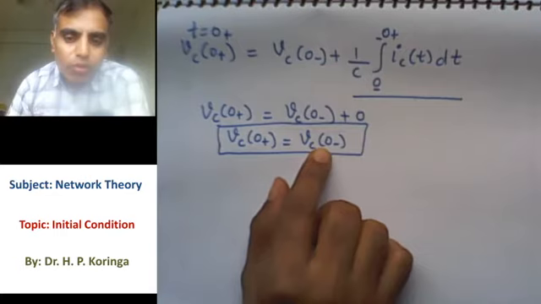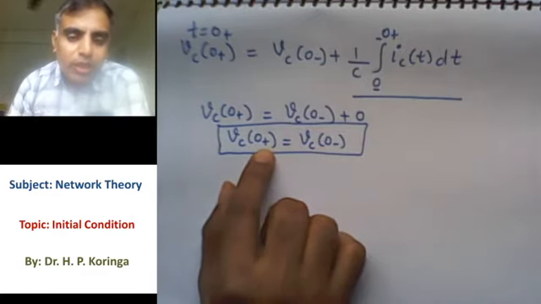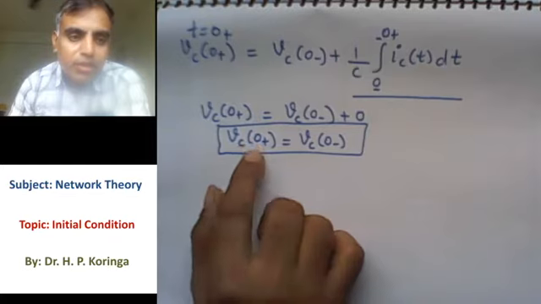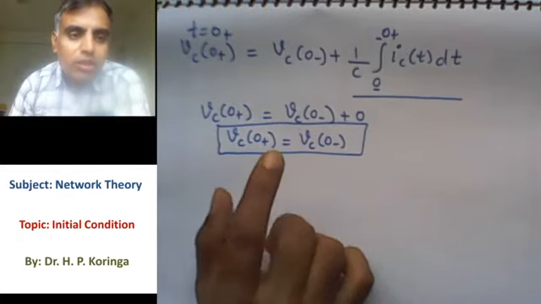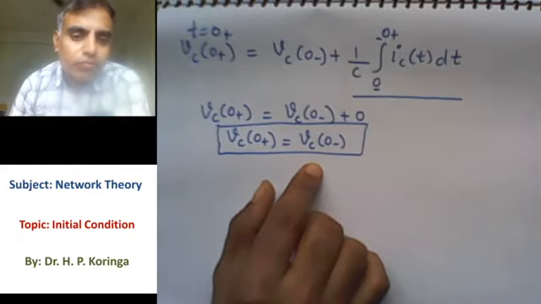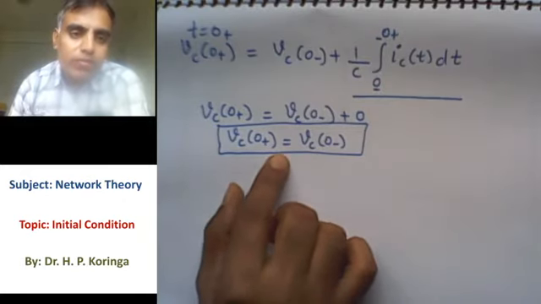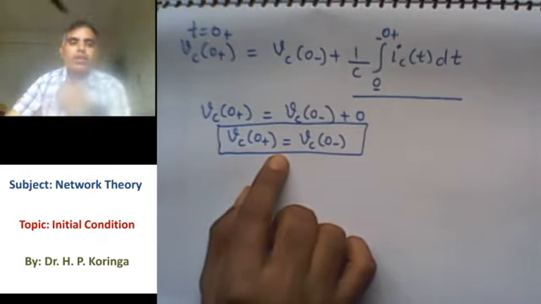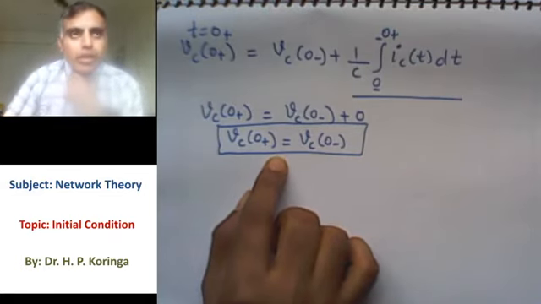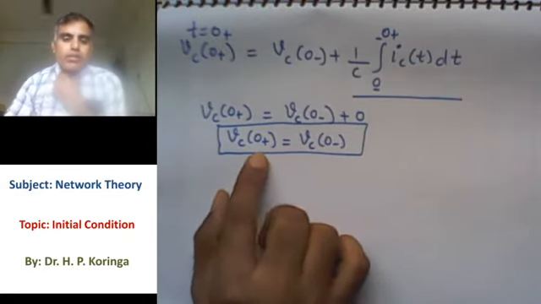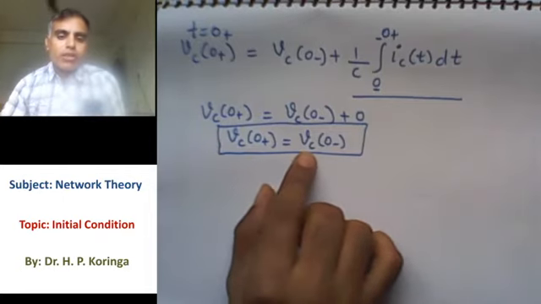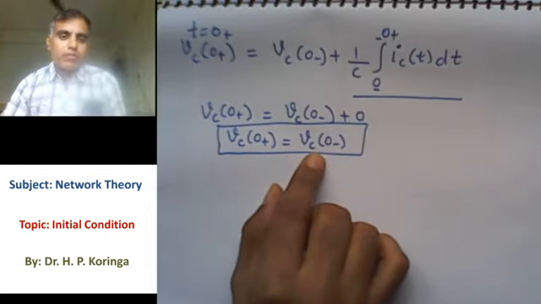So the capacitor does not allow an instant change in voltage, right. And the capacitor charge is in terms of voltage. So the initial condition, the initial voltage in a capacitor, is Vc of 0 plus equal to Vc of 0 minus.